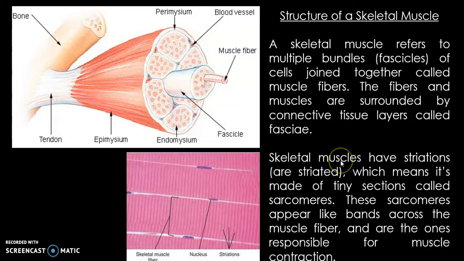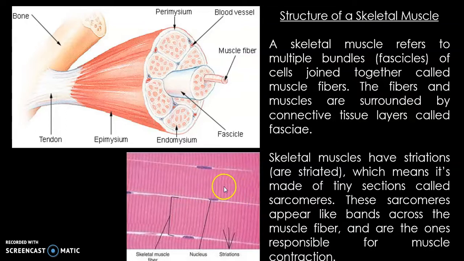Skeletal muscles have striations, or are striated, which means they're made of tiny sections called sarcomeres. These sarcomeres appear like bands across the muscle fiber and are the ones responsible for muscle contraction. If we come over here to this picture of a skeletal muscle, you see these lines coming across the muscle fibers.